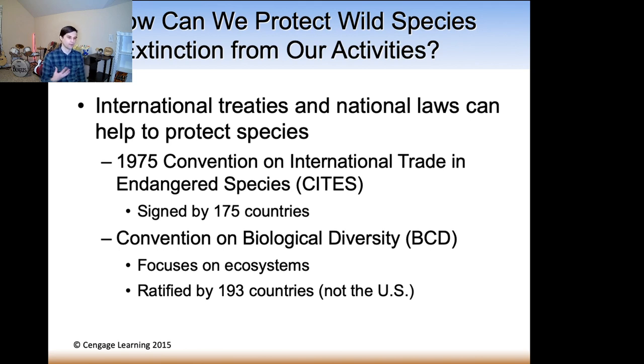Or if we do have an organism that leaves this country that's endangered or comes in, it's going to be logged and tracked and really, really watched and monitored how these organisms are transferred around the globe. Because we want to know where they're going, where they're at, if one of them is harvested and when, and things like that. So we want to make sure that we know what's happening with these organisms, so we can make sure that they don't go extinct, and that we're all working together to help.